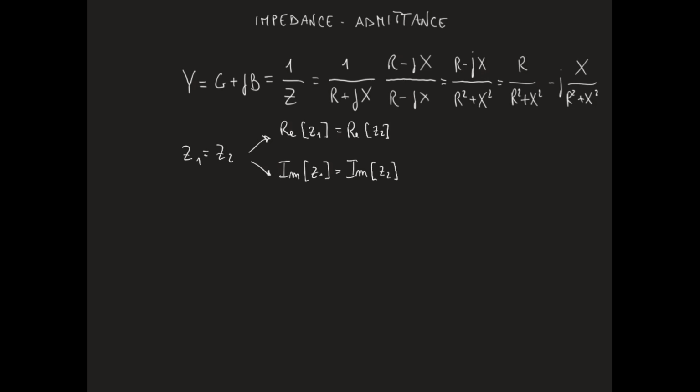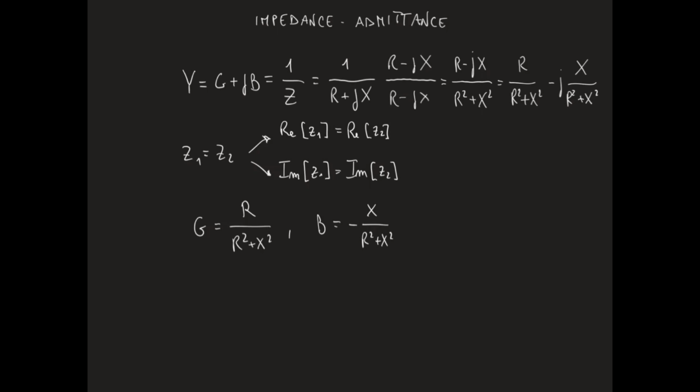In the case of the above equation, this means that the conductance G will be equal to R divided by R squared plus X squared, and the susceptance B will be equal to minus X divided by R squared plus X squared.